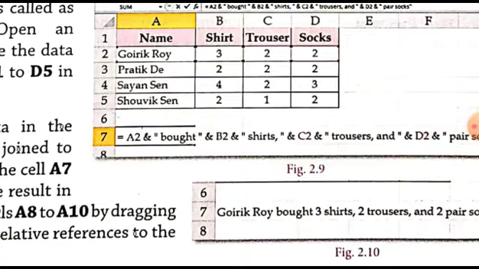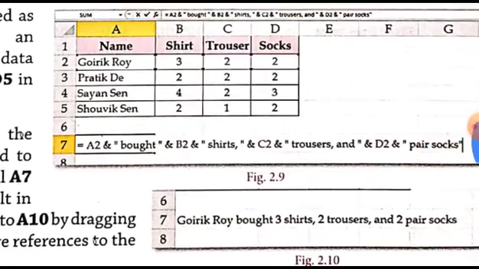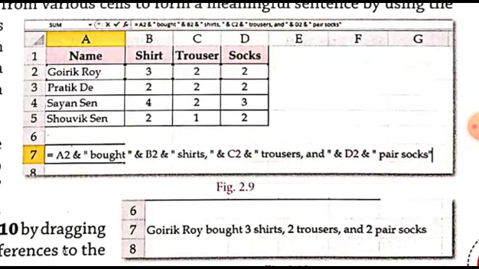Then "trousers and" is a string, and then again we use AND, the concatenation operator, to join the value of D2. The D2 value in the first row is 2. So it is 2 and "pair socks," which is again a string joined using the AND operator. So you see that using the concatenation operator you can join the contents of different cells with different strings to make a meaningful sentence.